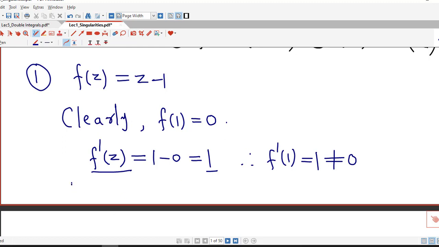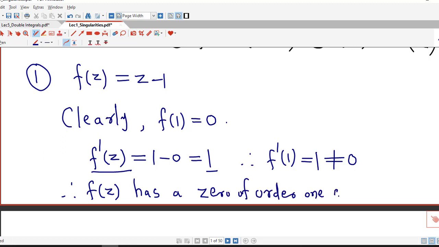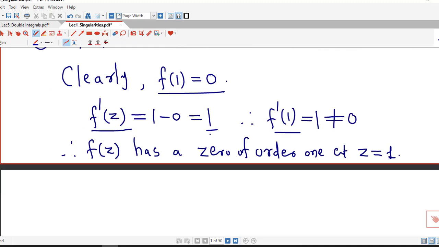Therefore we can say that f of z has a zero of order 1 at z equal to 1, because the first derivative at 1 is non-zero and the value of the function at 1 is 0.